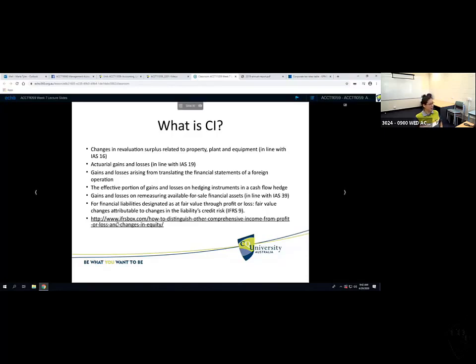And again, I've left that link there under the IFRS box. It goes through a little flow chart which may help your understanding of exactly what CI is and why we're including it on an income statement, because we never used to until fairly recently.